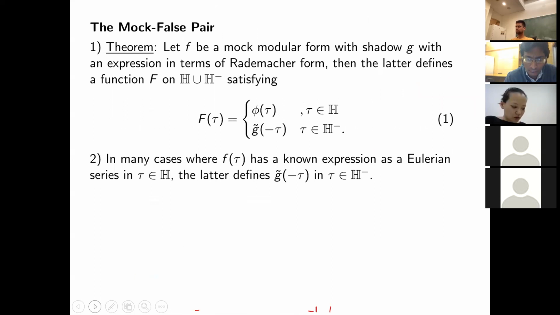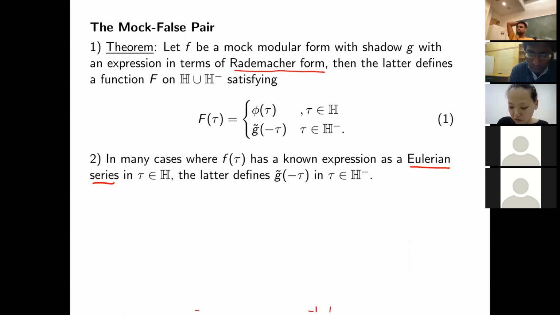So there are also more concrete ways you can see this, either by looking at the Eulerian series and expanding it outside the unit disk, or more systematically in terms of a Rademacher sum, not Rademacher form. Then this Rademacher sum will define a function both in the lower and the upper half plane, and they're indeed given by the mock modular form versus the Eichler integral of its shadow.